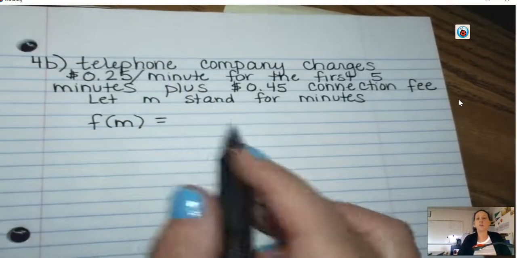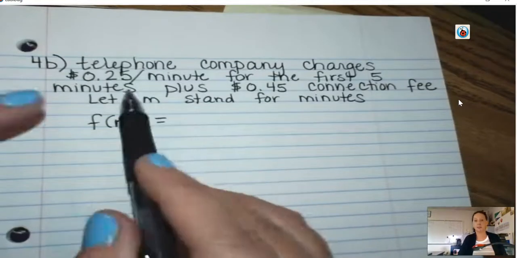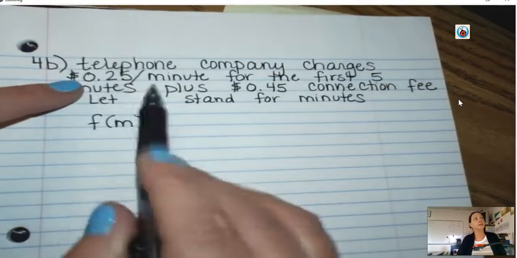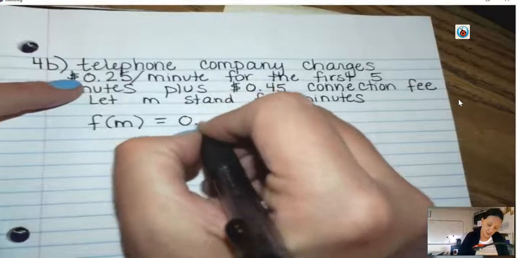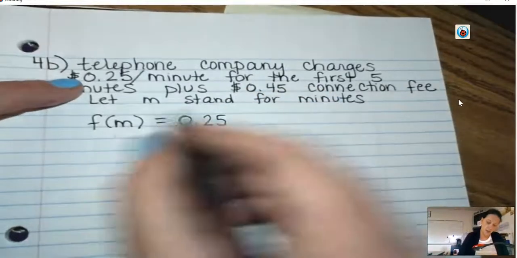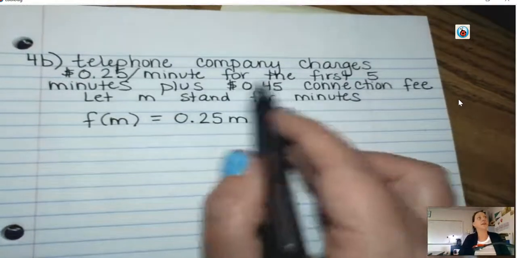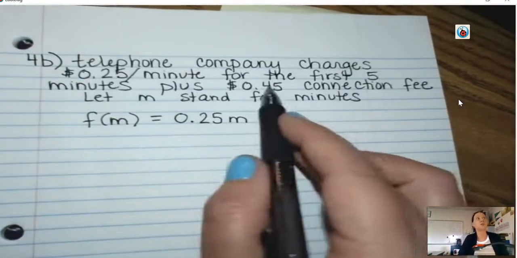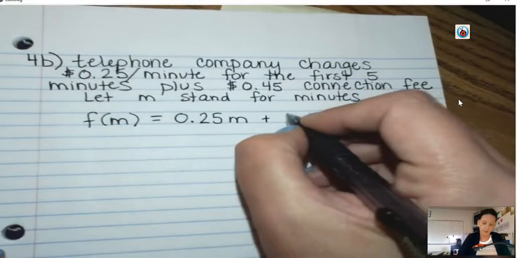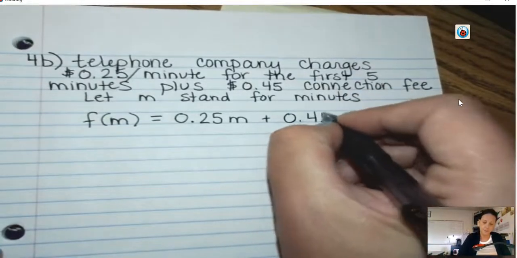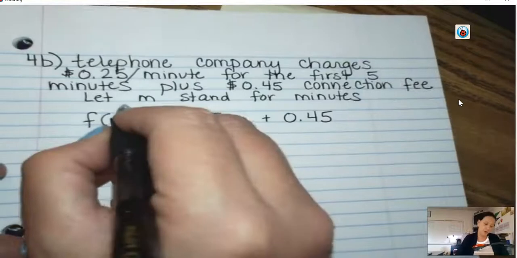The slope is the thing that keeps changing every something. That's going to be the per minute. So it's 25 cents every minute. Instead of using x, it wants us to use m for minutes. Plus there's that y-intercept, the connection fee, because that's your starting amount, 45 cents. So there is your equation in function notation.